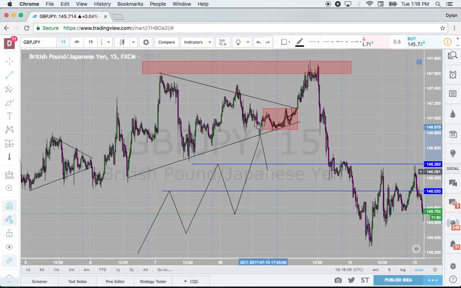He sees that bounce from that breakout of this resistance create a support and then continue that uptrend. But what actually happens is much different.